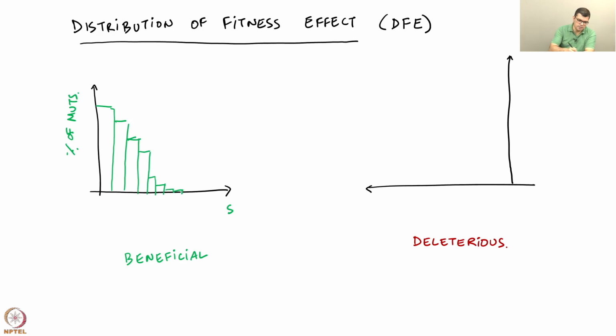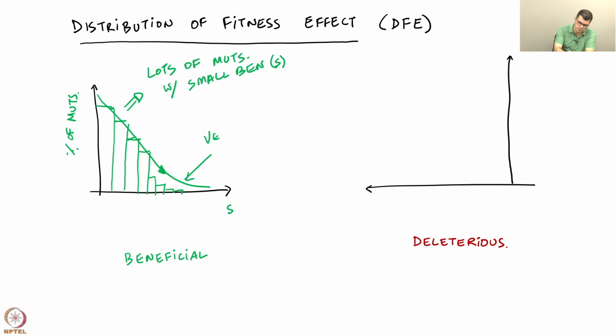So, this distribution of beneficial mutations tells us that beneficial mutations obey this statistical law, which says that there are lots of mutations with small effects, with small benefit measured as S, but there are very few mutations with large effects.